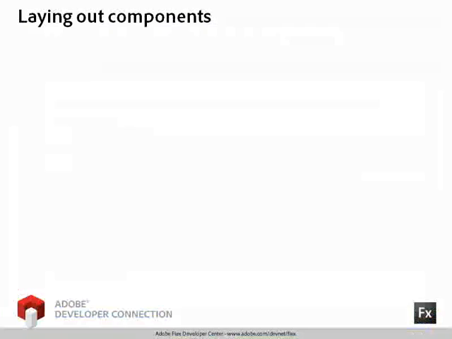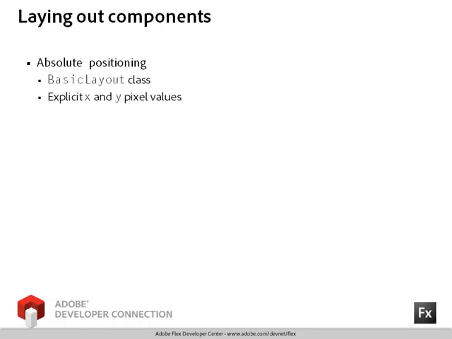When you lay out components in containers, you can do so in three ways. Absolute positioning uses the basic layout class and requires that you explicitly declare X and Y property values for all the children if you do not want them all piled up on each other in the upper left corner of the container.